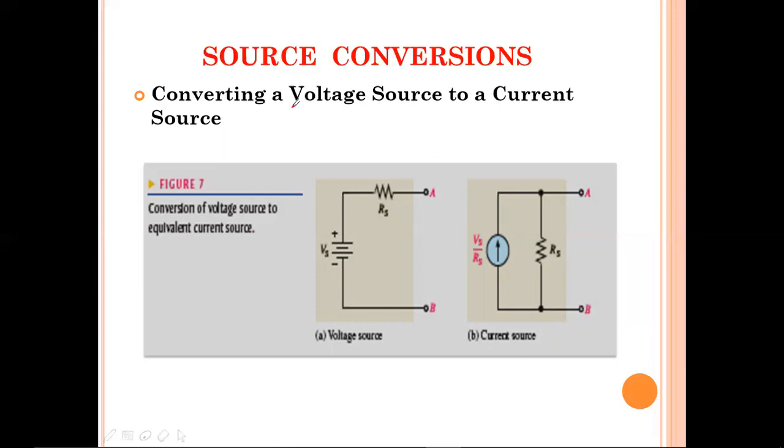First, let me convert a non-ideal, that is a practical voltage source, to a non-ideal or practical current source. Please mention this word clearly. Some students may assume this is ideal, but this is not ideal.